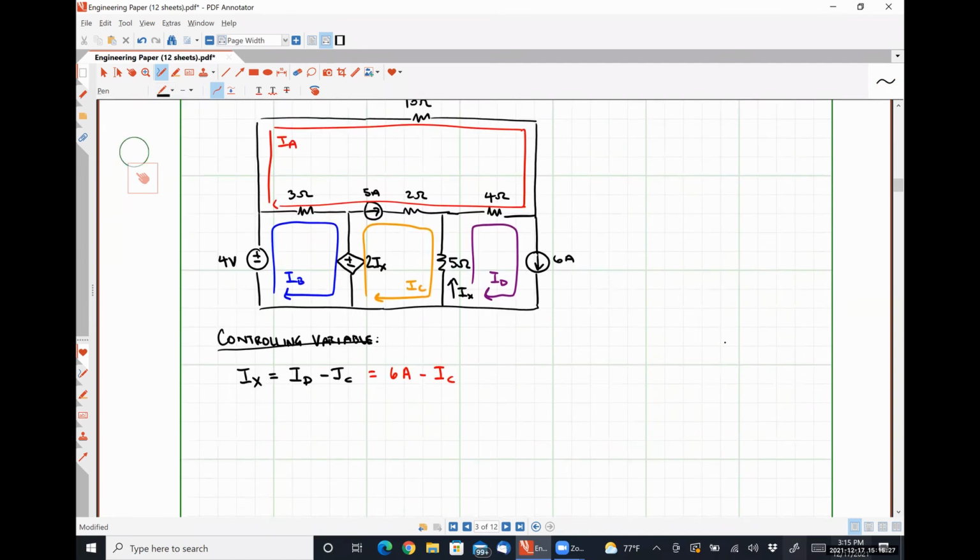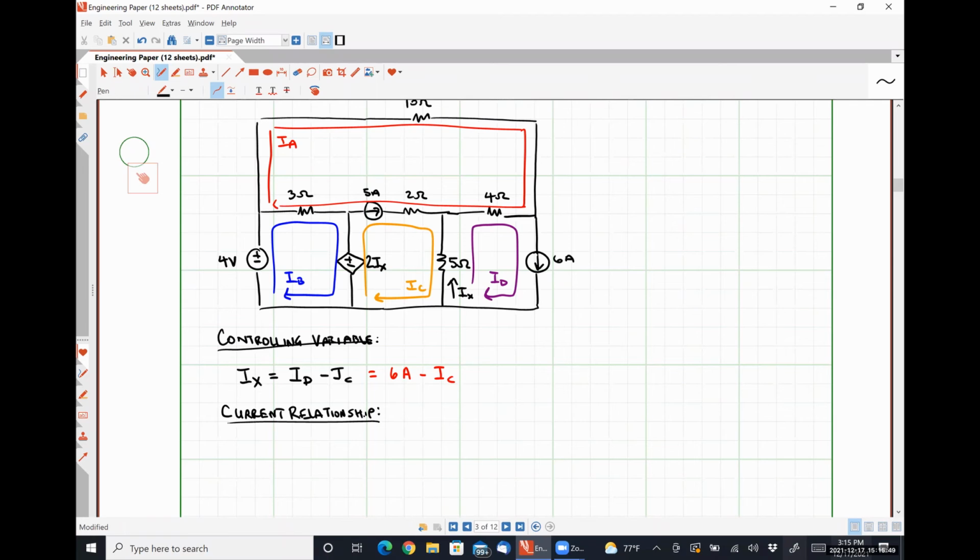So step 4 would be our current relationship equations. If we have 2 current sources, we should expect to see 2 equations.